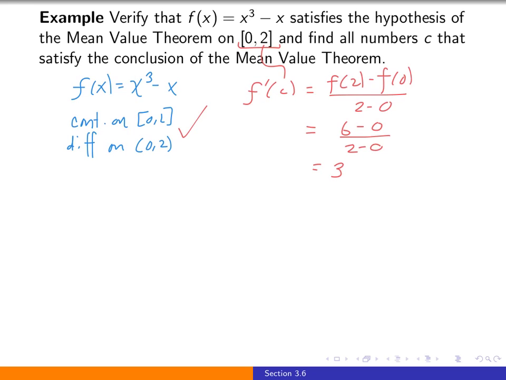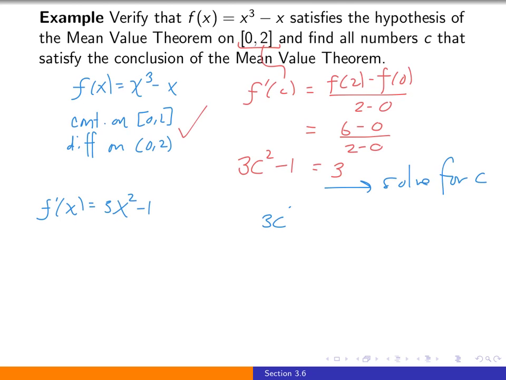So we need to differentiate: f prime of x is 3x squared minus 1. And we want to know when f prime of C will be equal to 3. So that would be when is 3C squared minus 1 equal to 3. And here we need to solve for that C value.